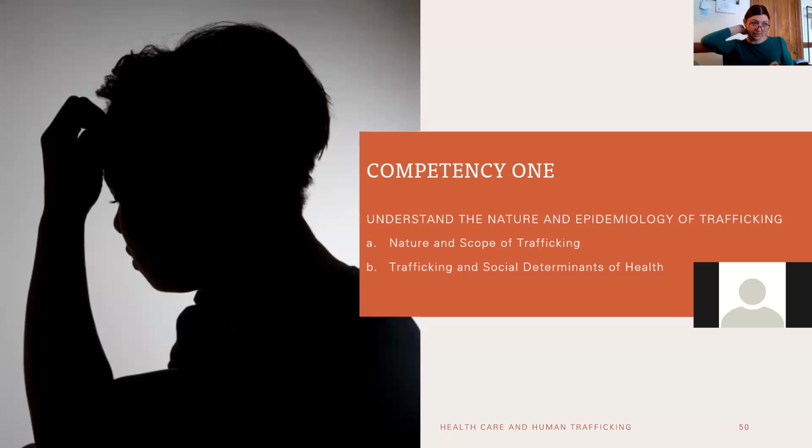So core competency 1, understanding the nature and, I can never say this word, epidemiology of trafficking, which will be broken into 2 categories: the nature and scope of trafficking, and trafficking and social determinants of health. We will be talking more about the social determinants of health later on as well, where I will go in and define that a bit more broadly. But for now, focusing on these 2 topics.